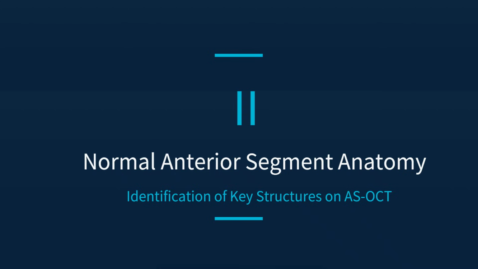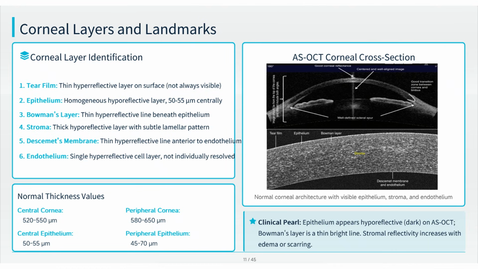Now we will come to the detailed anatomy of the anterior segment, and this is very important in the understanding of the anterior segment OCT, to identify the key structures in the anterior segment OCT map, so that we can identify any abnormality present. This is a view of the OCT map.